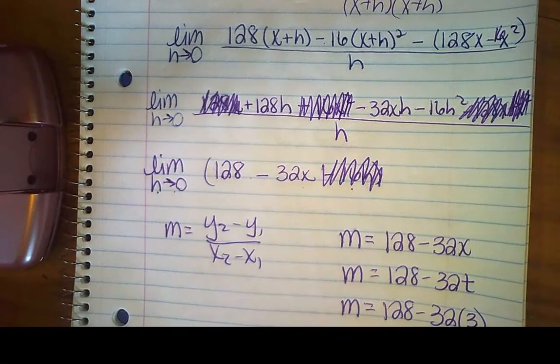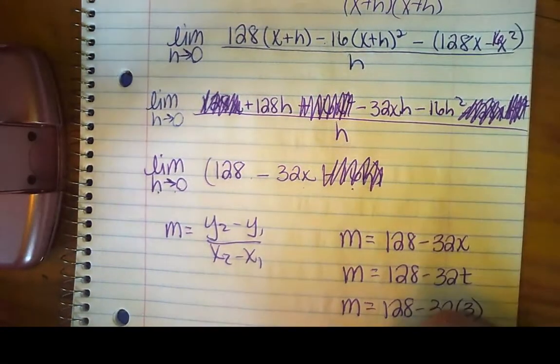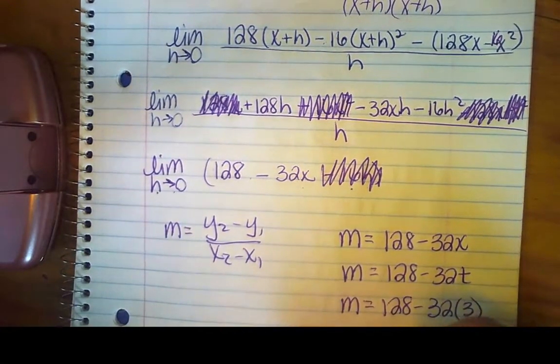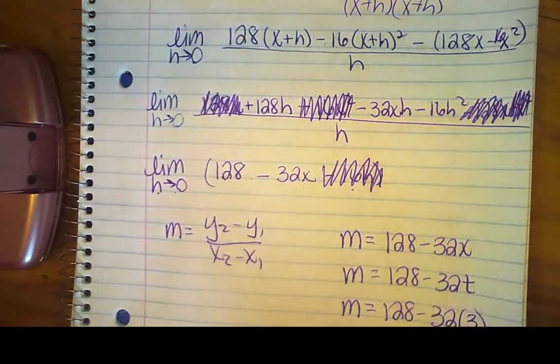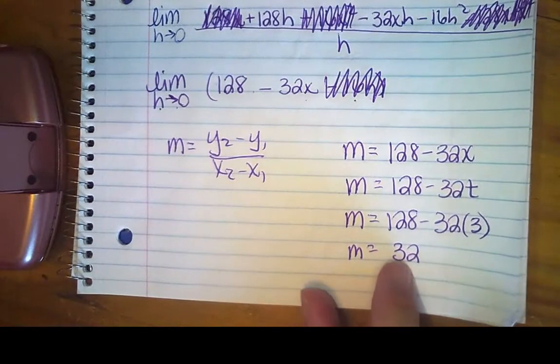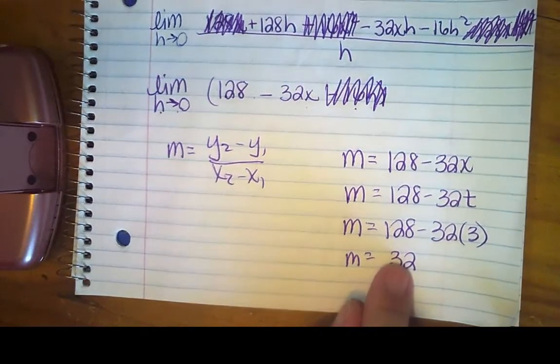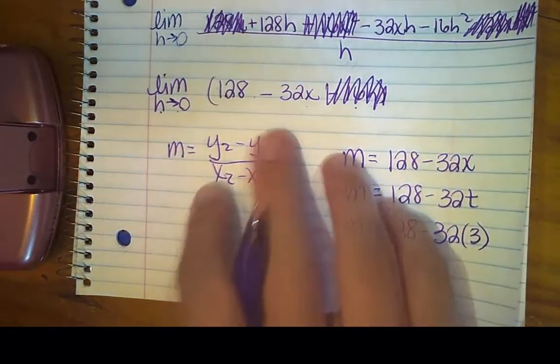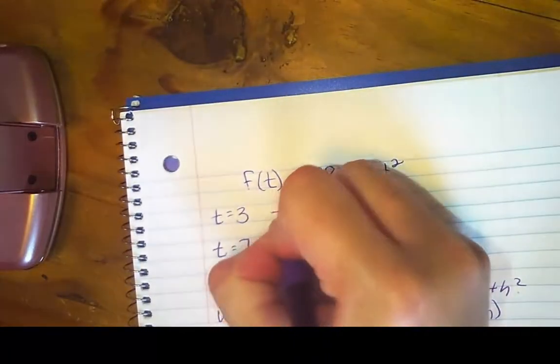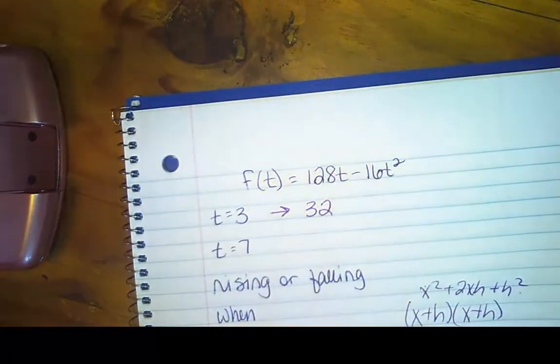Okay, and then I'm going to subtract 128 minus 96, and I'm going to get 32. So my rate of change is a positive number. Because it's positive, that means it's increasing. Okay, my instantaneous rate of change is positive, so it's increasing.